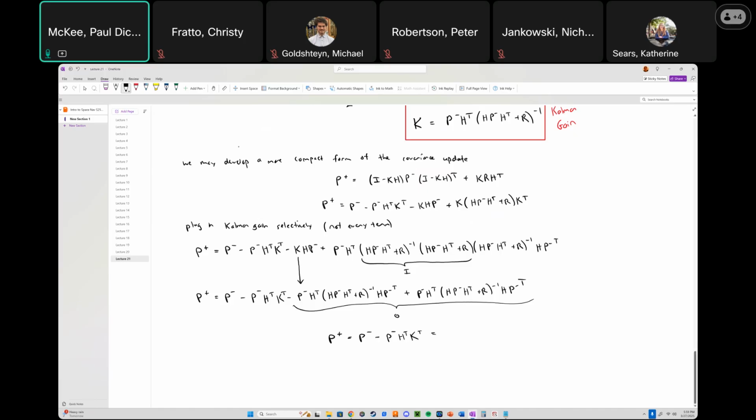Sorry, is there a transpose missing on that previous term in the first equation? Help me out. Unless I'm reading something wrong, it just mysteriously occurred here at the end of that term where you plugged it in. It's this bit, right? When you go negative K H P minus and then plug in the K gain, where does the P minus transpose come from?